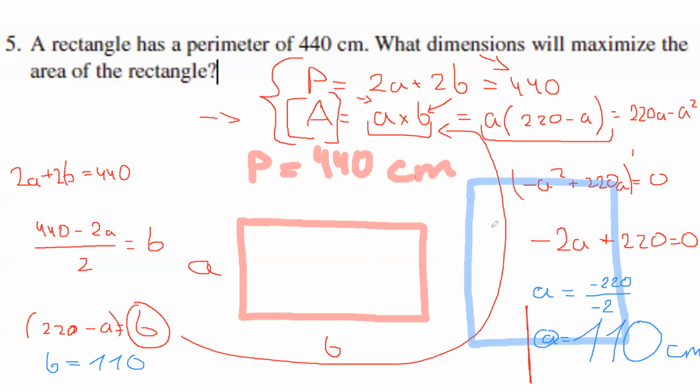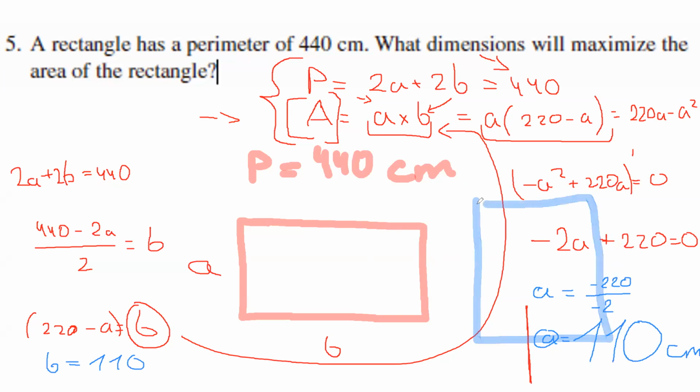Imagine this is a rectangle of perimeter 440, then this is a square of perimeter 440. Which area looks greater to you? You cannot say it right away, right? But in fact, a square with the same perimeter is going to have greater area than a rectangle with the same perimeter but not equal sides.